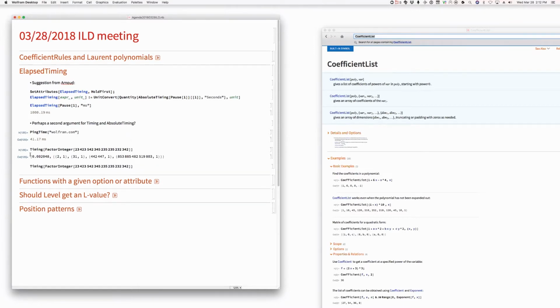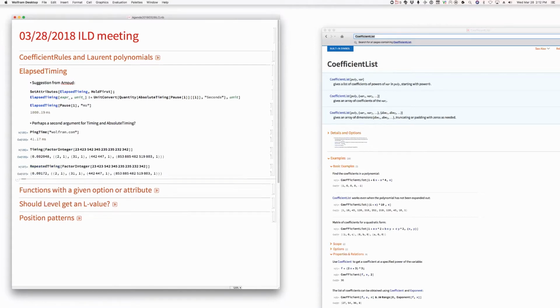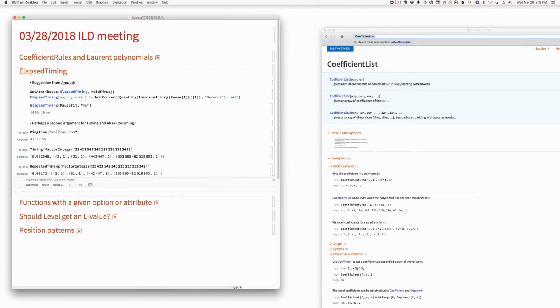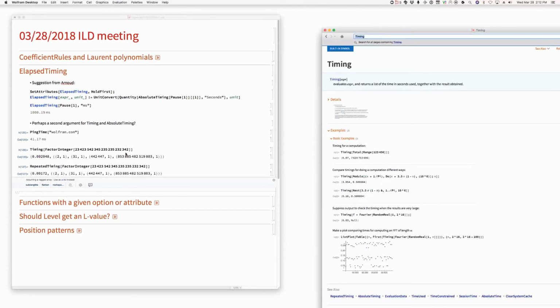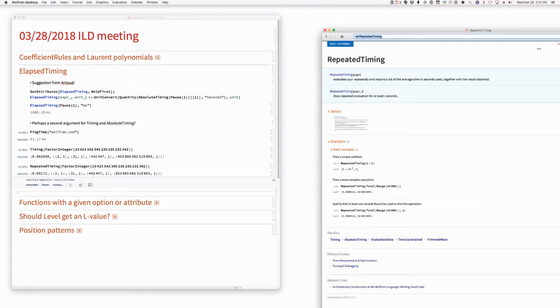If I said here, repeated timing, is repeated timing using quantities or not? No. It's following time. And there's no second argument to timing, right? Not now, but to repeated timing, perhaps, because we have discussed in the past the possibility of specifying some statistical arguments there. At least t seconds.